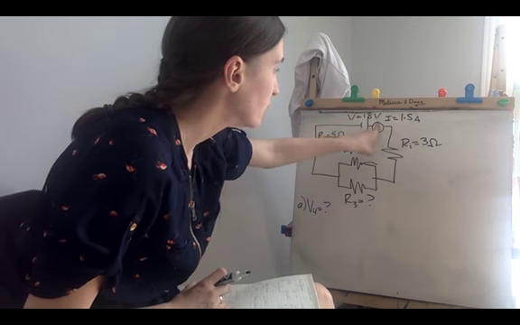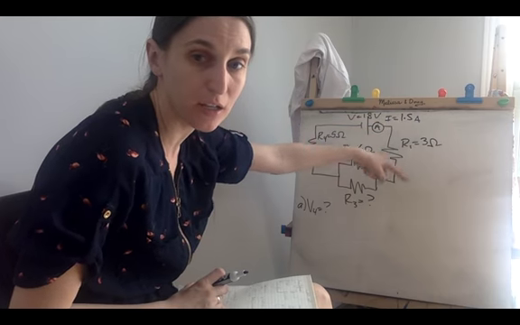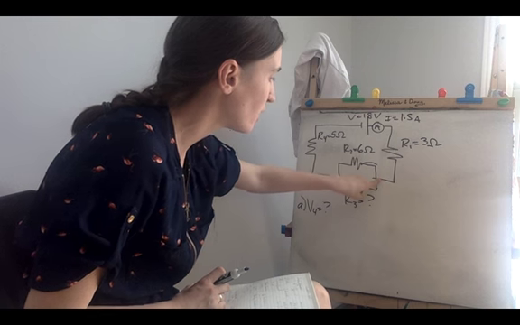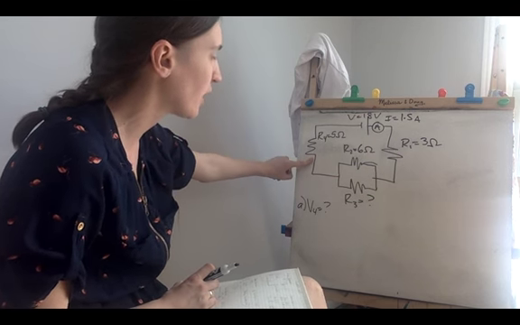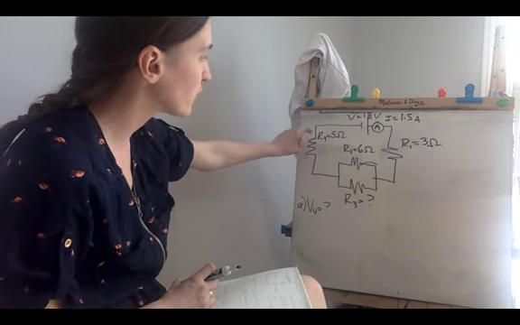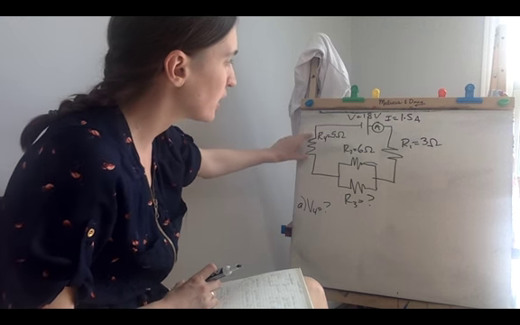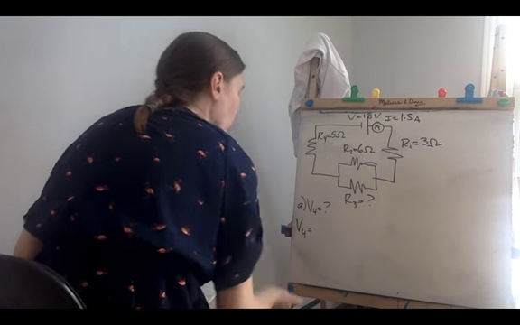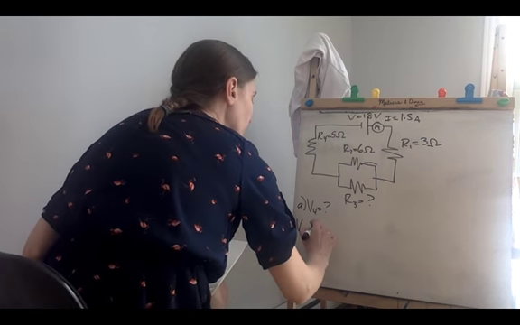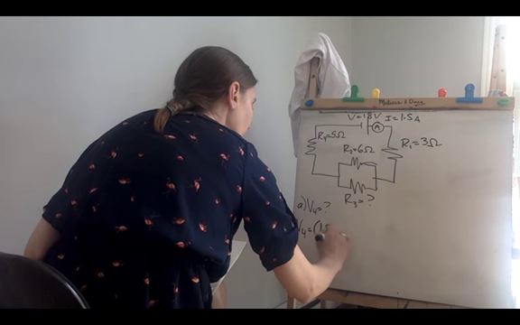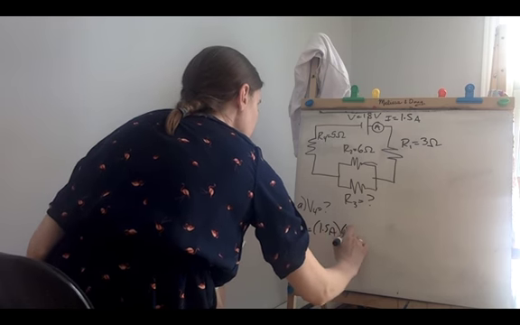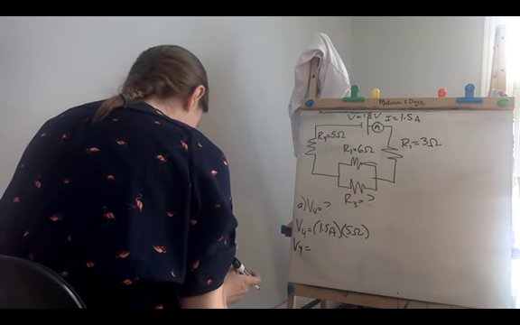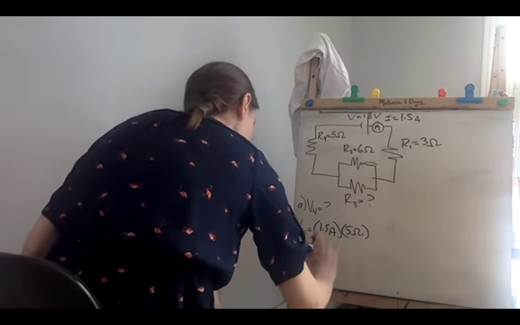Since current in equals current out, we've already split and come back together, so it was 1.5 amps coming in and it's 1.5 amps coming out. Using Ohm's law, we take our current of 1.5 amps and multiply it by the resistance of 5 ohms, and the voltage drop across that resistor is 7.5 volts.